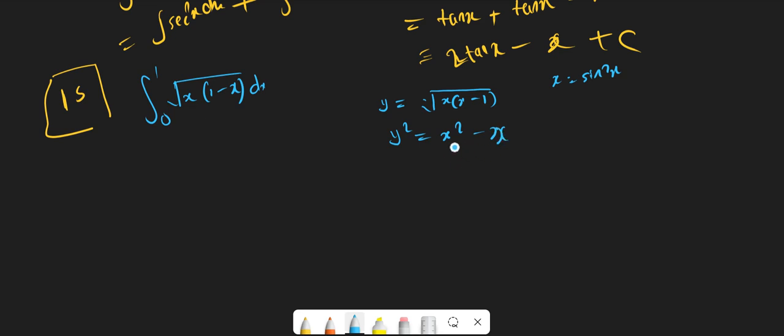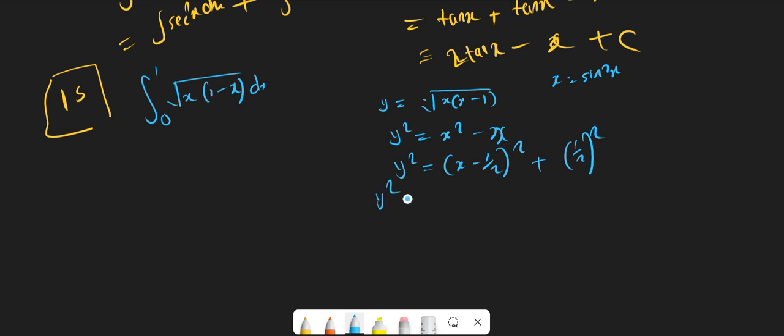So in this case, you can complete the square here.